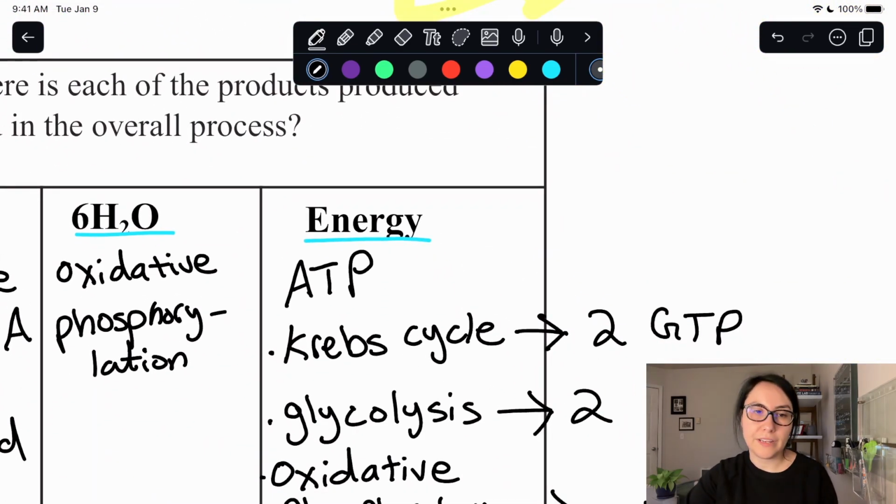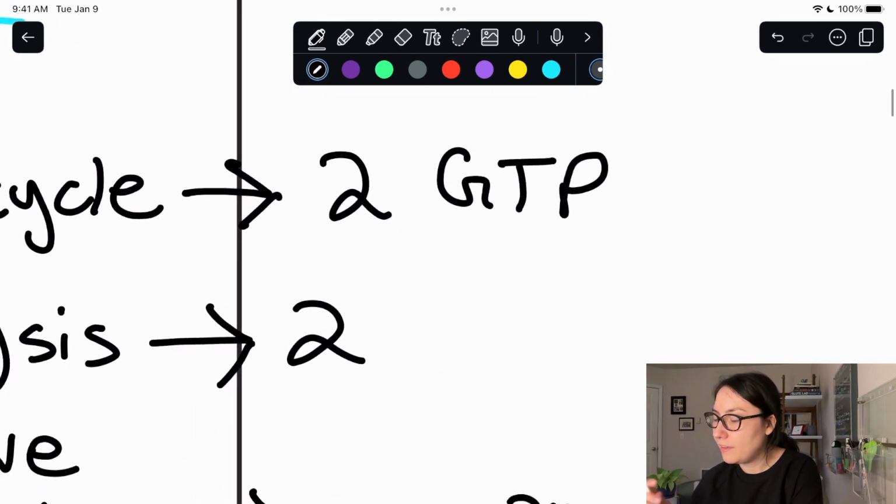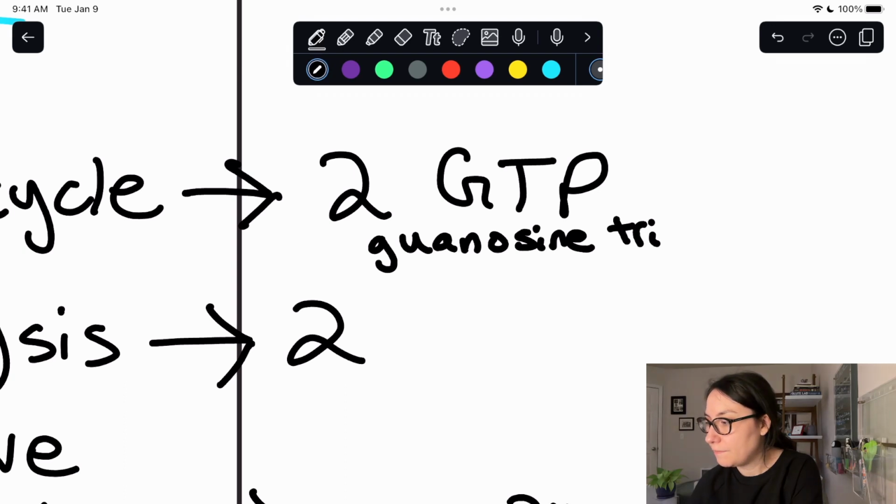And if you're wondering what GTP stands for, I'm just pulling out my old biochem notes really quick, just in case you want to know. GTP stands for guanosine triphosphate.